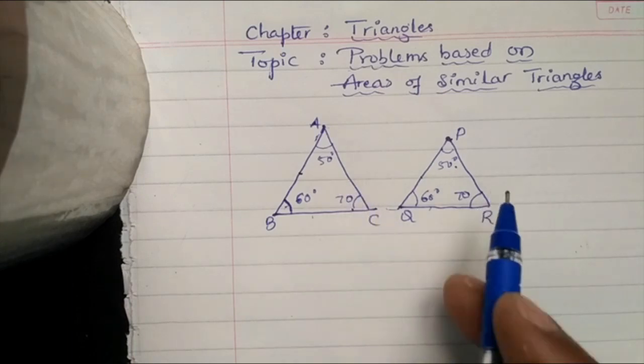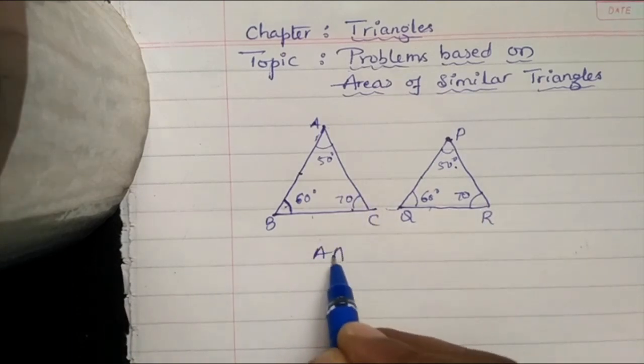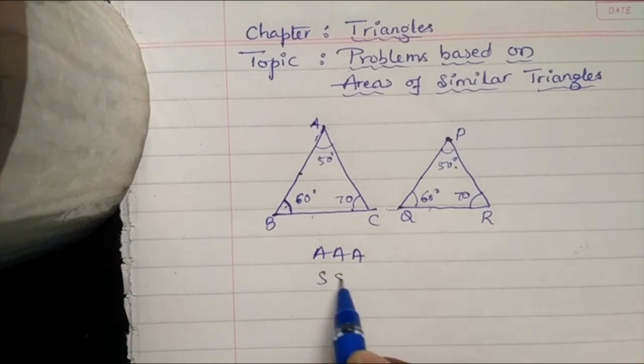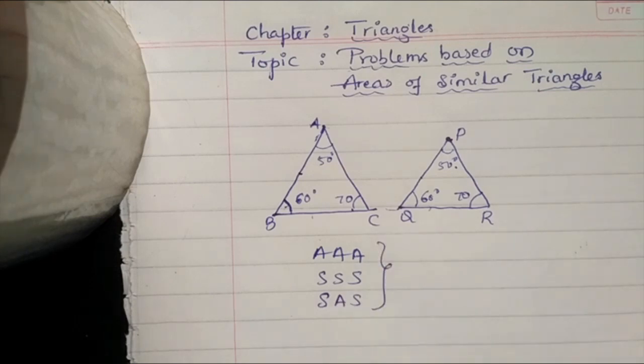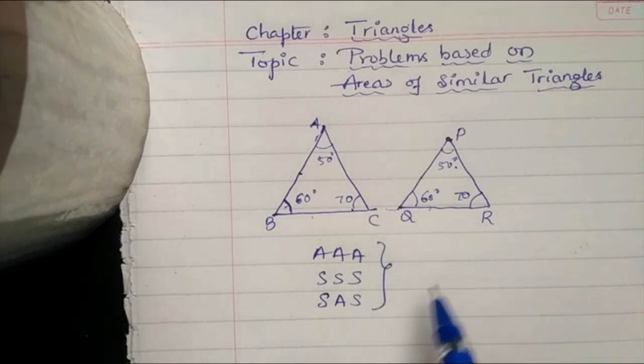To prove these two triangles are similar or not, either we need three angles, or three corresponding sides, or two sides and one angle. In these three criteria, if any one criterion is satisfied, the two triangles are definitely similar.